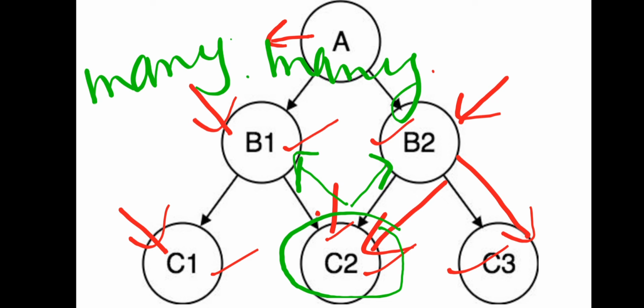Let me explain this with an example of many-to-many relationship. Suppose in a class a teacher teaches many students, so one teacher can have many students, and in another case one student can have many teachers.